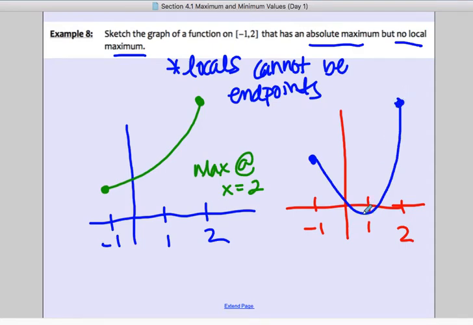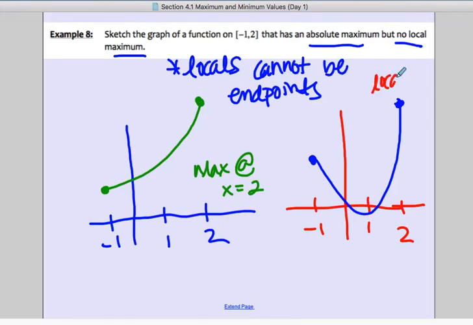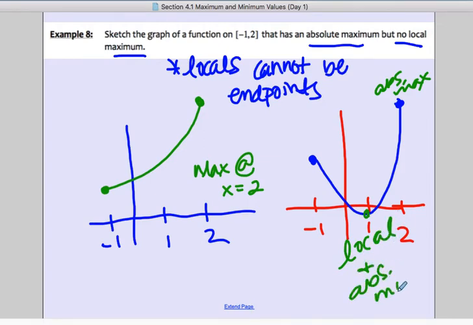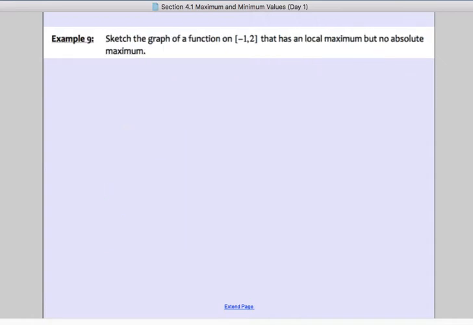This is the absolute minimum and a local minimum, but we can't have just no local max, so we're okay here. So here would be my local max. Sorry, not local. That's your absolute max. This is your local and absolute min. And then this would be nothing.